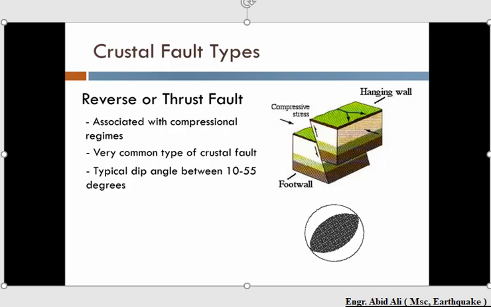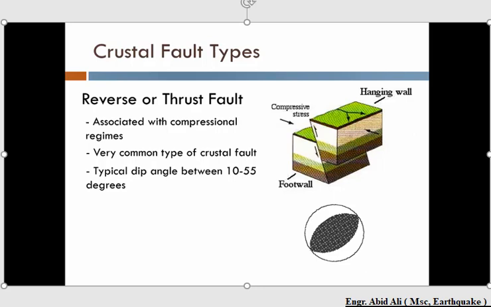So a thrust fault is just a very shallow reverse fault, but the dip could also go up to about 55 degrees, and we just call that a reverse fault. With really low dip angles, usually less than about 40 degrees, we classify them as thrust faults.